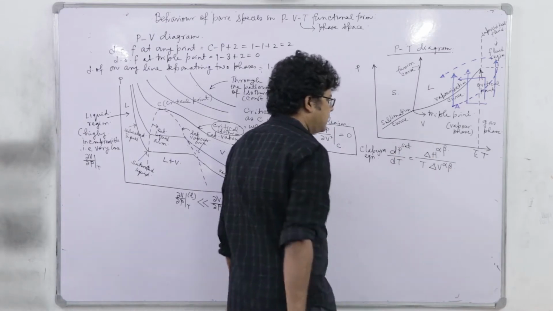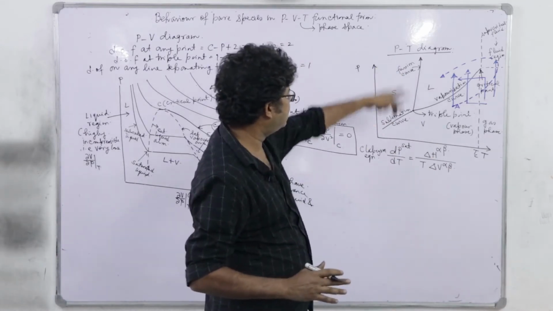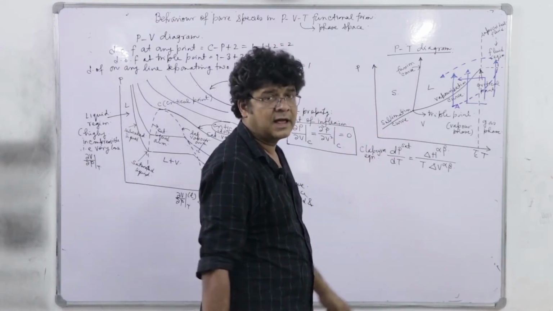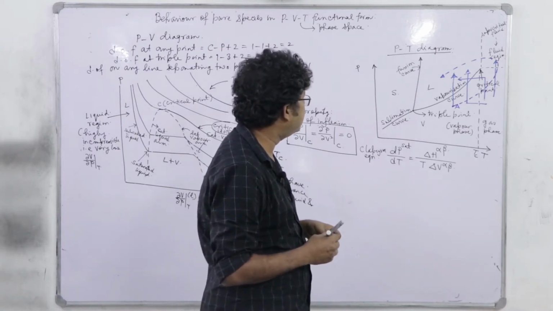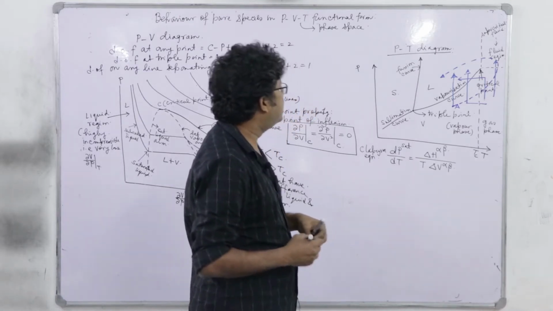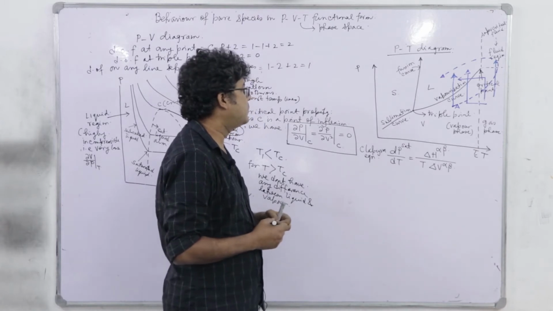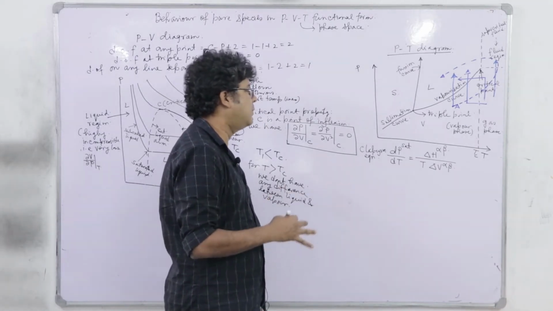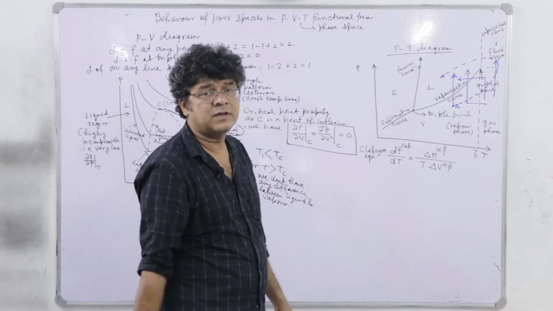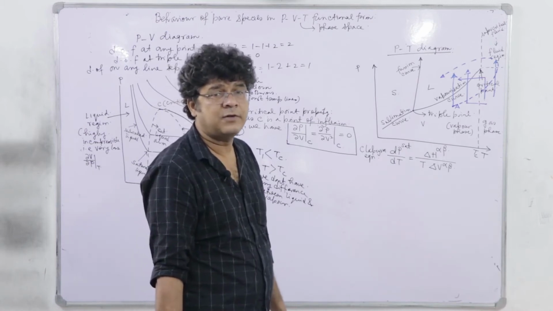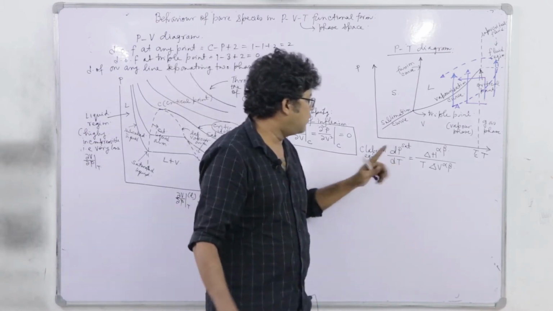So, this is the universal relation, or equation, for all these lines: vaporization, sublimation and fusion. Now, when we are transforming a solid to vapor through sublimation, the typical example is camphor, right. So, what will we observe?